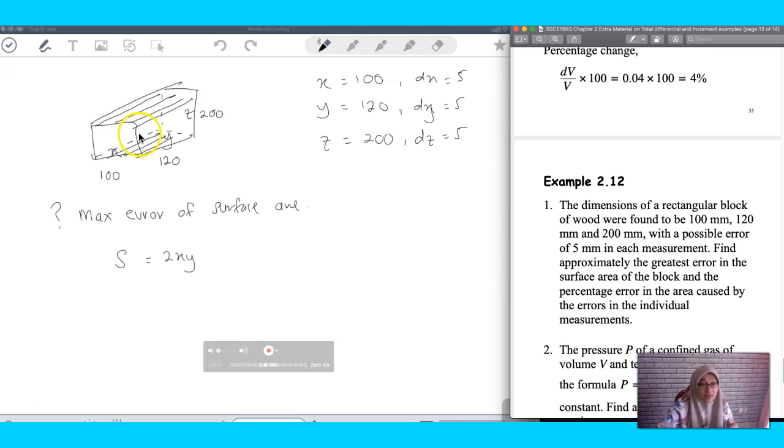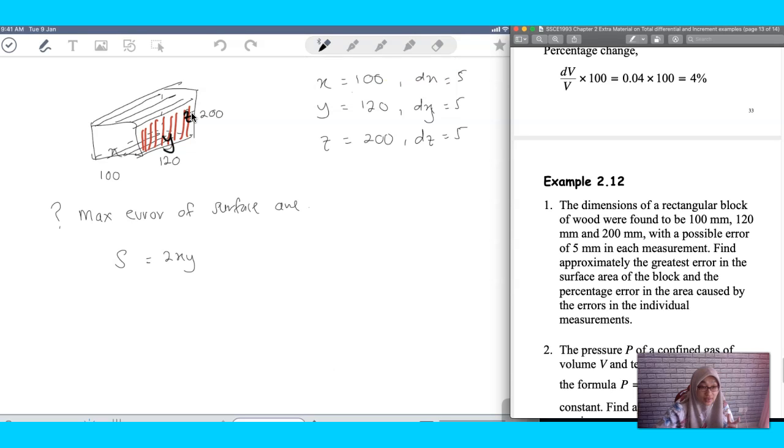That is the area of the top and the bottom. Now the side here. What is the area of this side? It is y multiplied by z, with y here and z here.